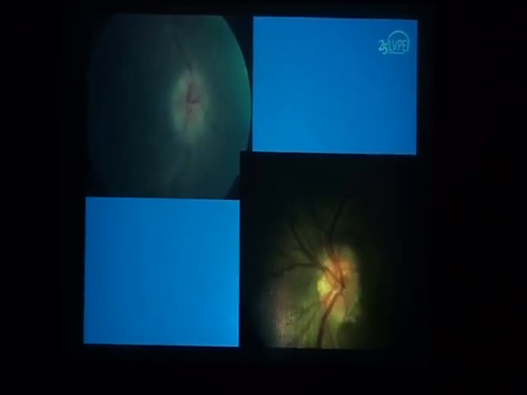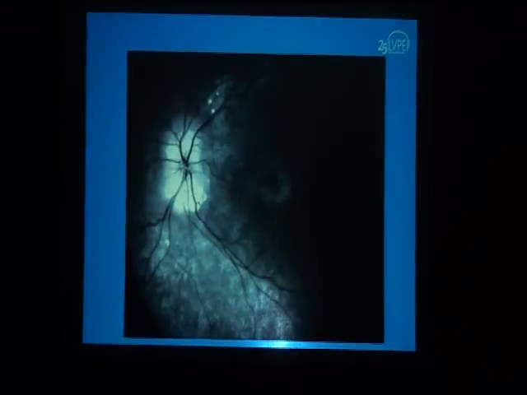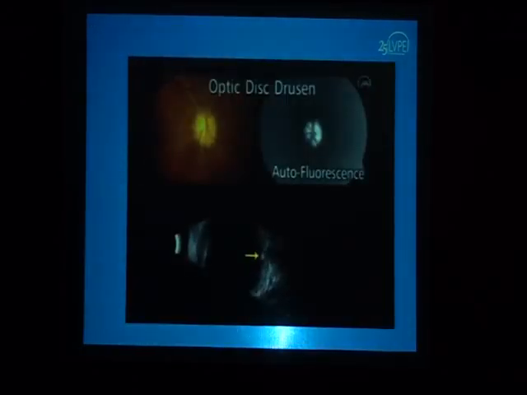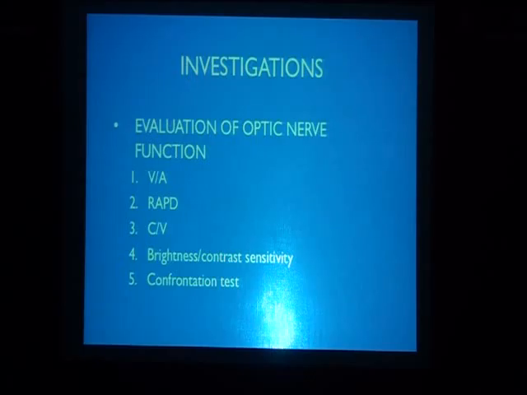But this note to the neurologist is very important, because whenever they check, they keep on doing MRI scans. And this is again another picture of the same. And the B scan is again a simple tool where you can see this classical calcification there. You will see this classical image of disc drusen.